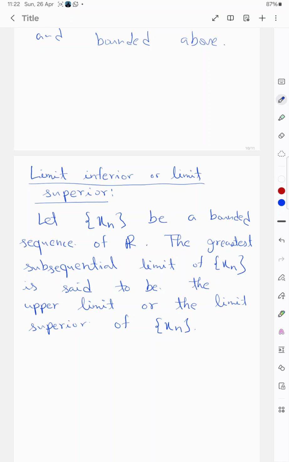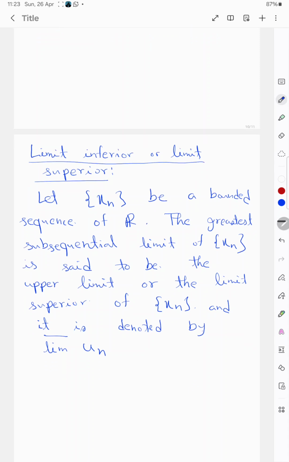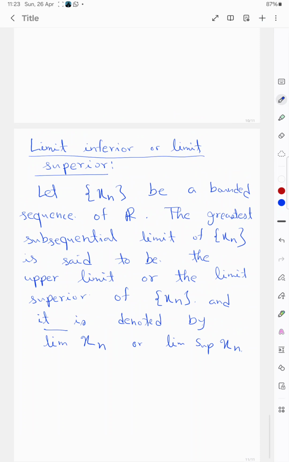Okay, and it is denoted by lim with an upper bar xn, or sometimes it is written as lim sup xn. So this is the definition for limit superior.